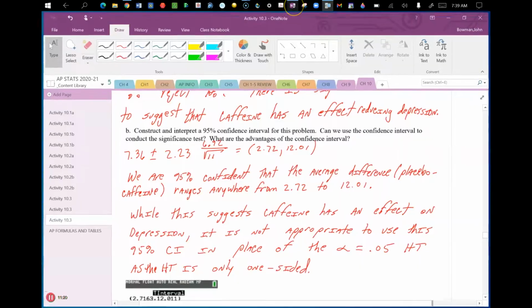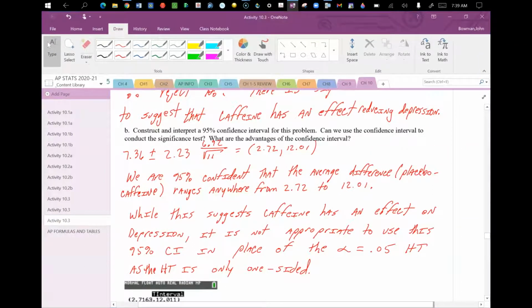So when we go back to write this up, we have our sample mean plus or minus the critical value times the standard deviation of the sample over the square root of the sample size, and that is our confidence interval. And then we want to interpret that in context.